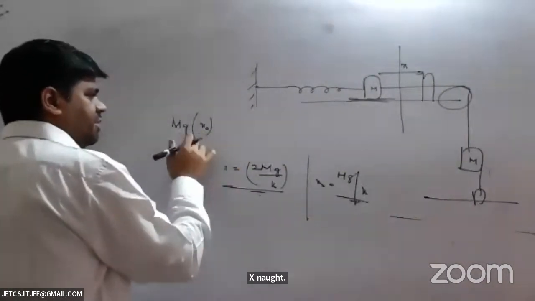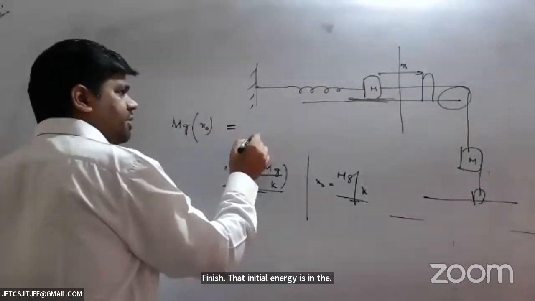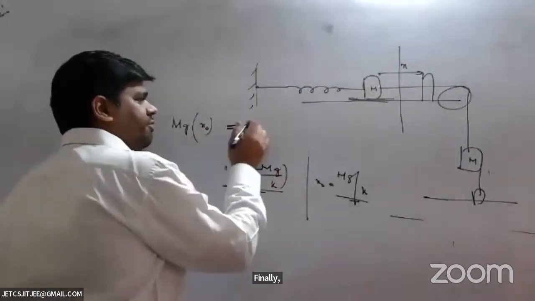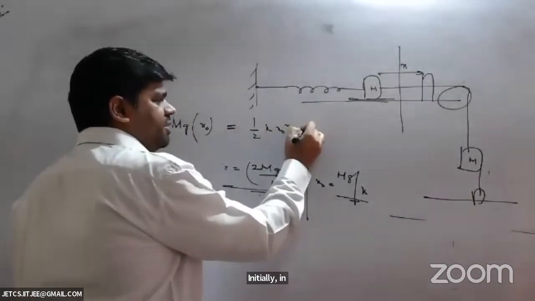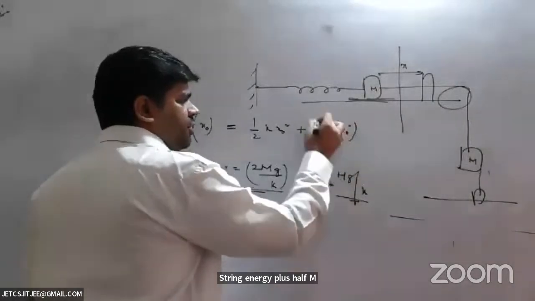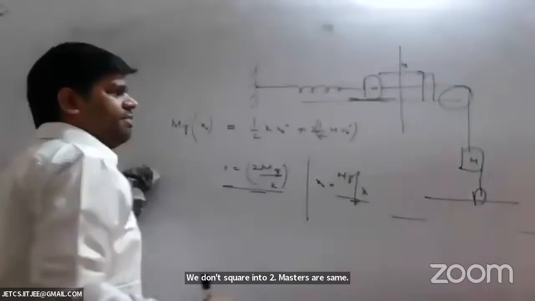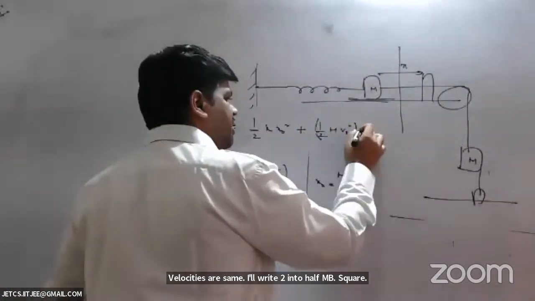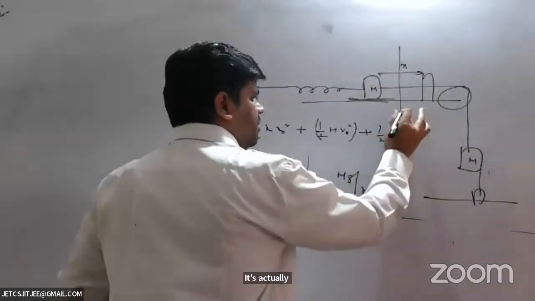The initial energy is being converted to the final energy, with no loss of energy. The final energy has half k x naught square, the spring potential energy, plus half m v naught square into 2. Masses are the same, velocities are the same. It's actually half m1 v1 square plus half m2 v2 square, but because masses and velocities are the same, I write 2 into half mv square.